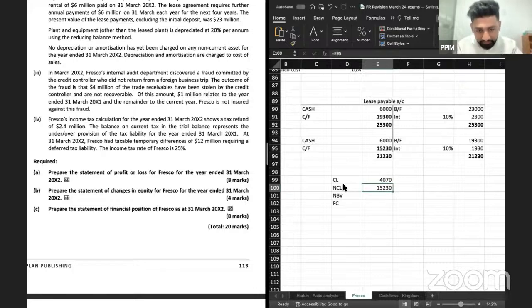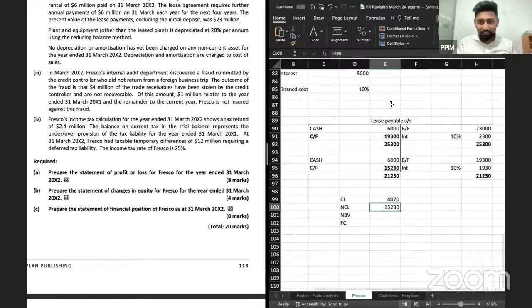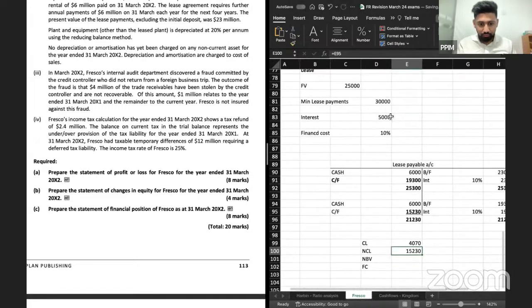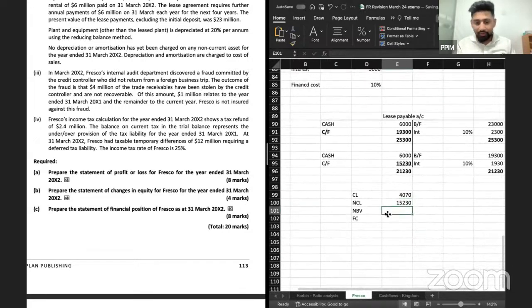My net book value of the asset, I know the value of the asset is 25,000. Okay. I need to calculate depreciation. My lease is going to be for 5 years. So 1 year gone. So 25,000, 1 year gone.